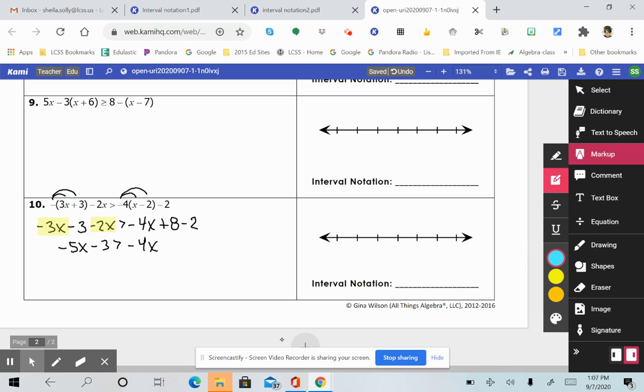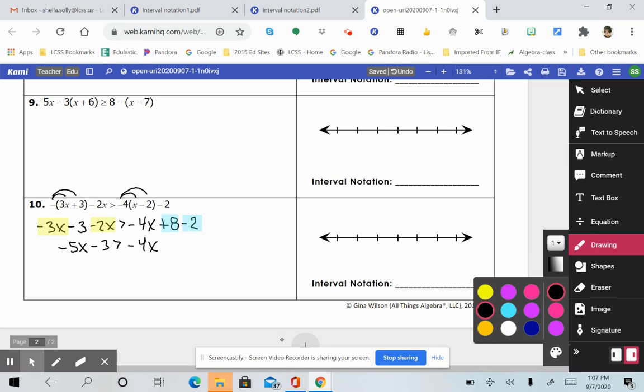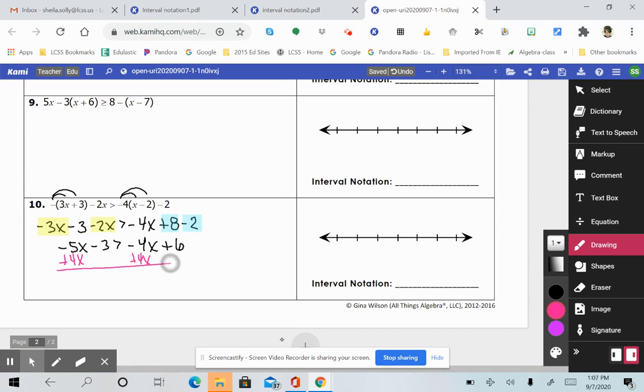So we've got positive 8 and negative 2. So positive 8 plus negative 2 is positive 6. Now we want to keep our variable on the left. So we want to add 4x to both sides. When we do, negative 5x plus 4x is negative x minus 3 is greater than 6.